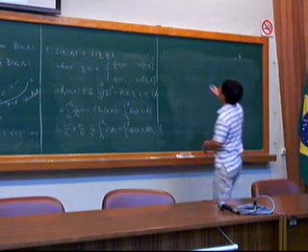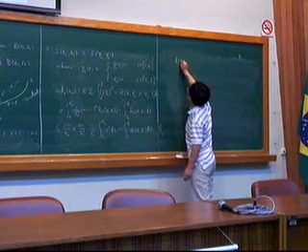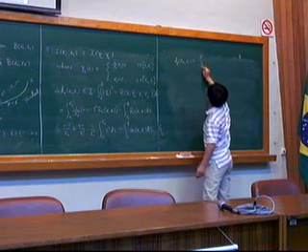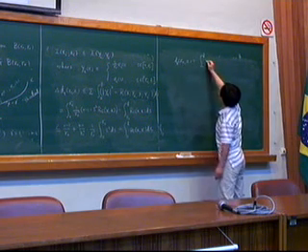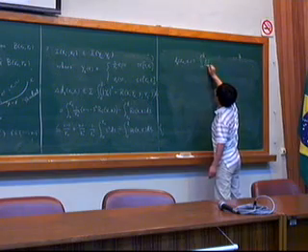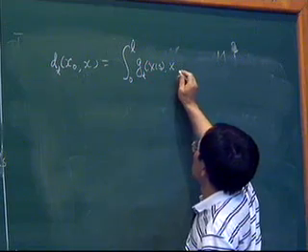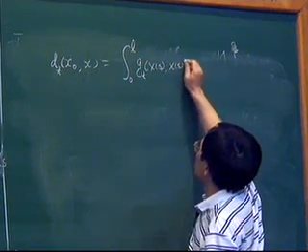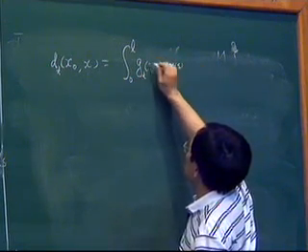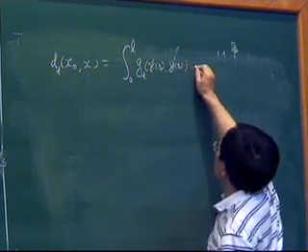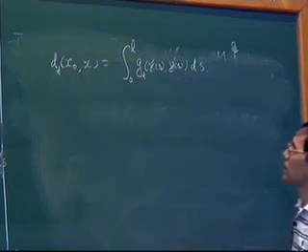And for this one, we know that d_t(x0, x) equals the integral of the length of gamma prime with respect to g(t).